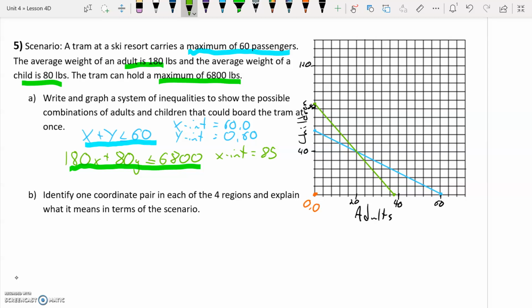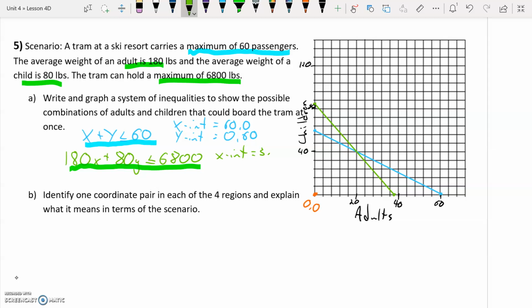Hold on, I think I'm getting this backwards. Our x-intercept is when y is 0. So if y is 0, there's no children, it's all adults, 180 pounds each. 6,800 divided by 180 is 37.8.